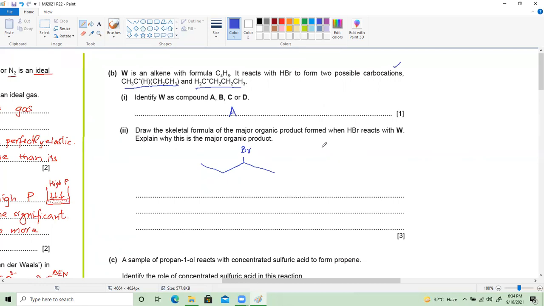Okay? And explain why this is the major product. Nambi, why is this the major product?